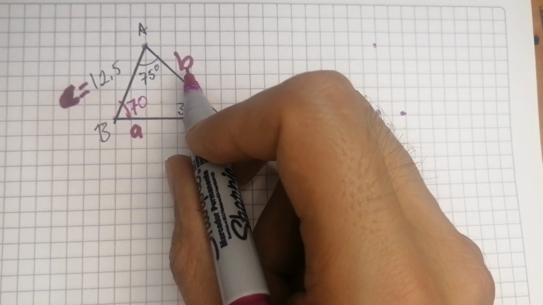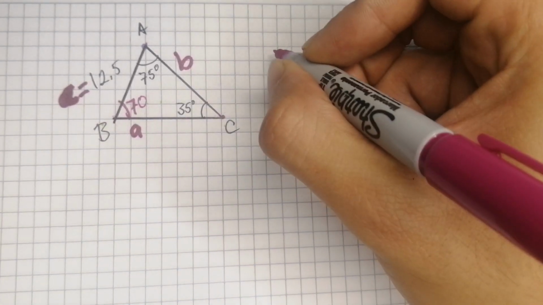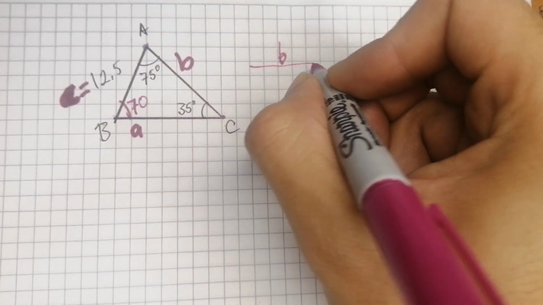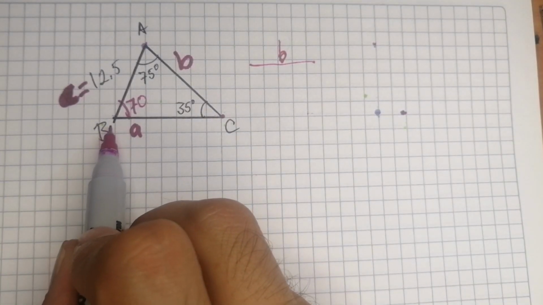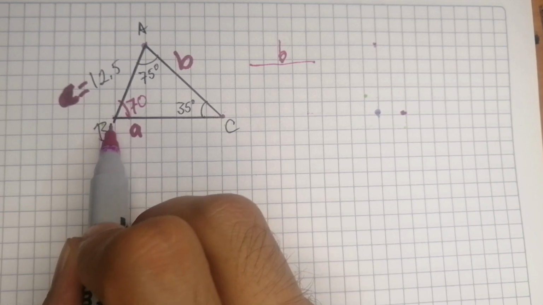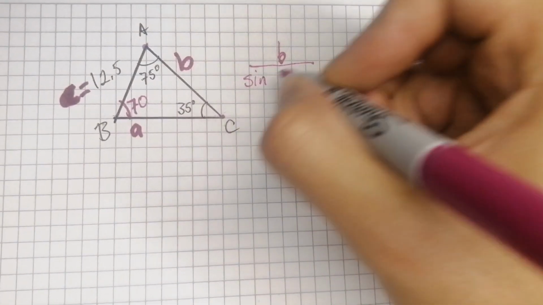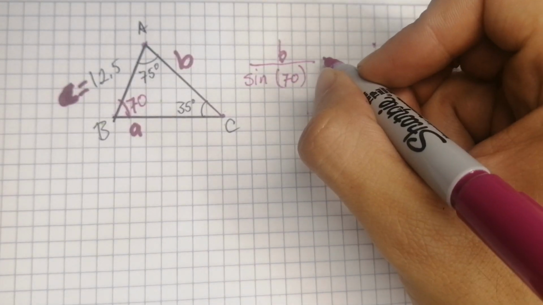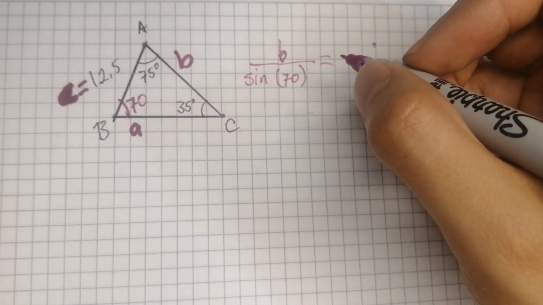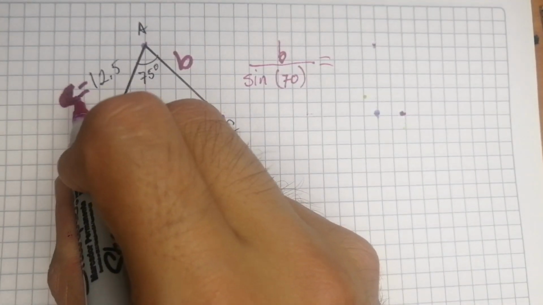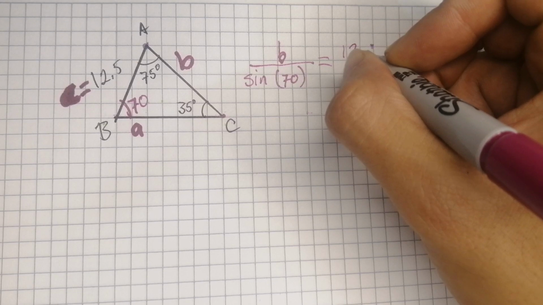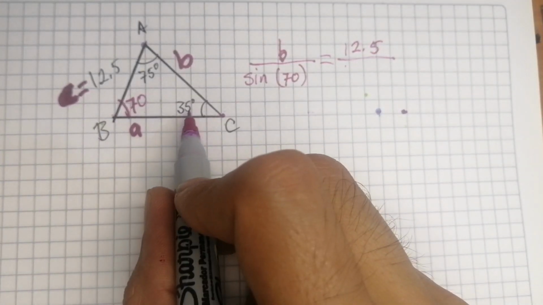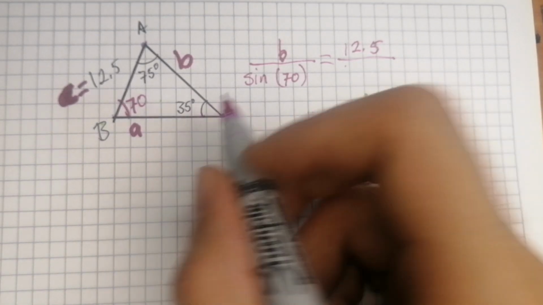Let's start by looking for the value of B. So we have that B, that length, divided by the sine of capital B, this angle here, so the sine of 70, is equal to lowercase c, which is 12.5, divided by the sine of 35, the value of the angle C.